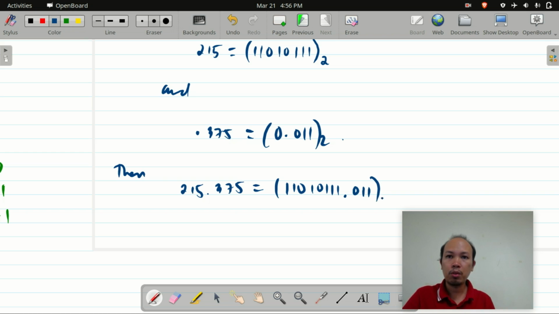But this answer here is not the normalized floating point representation of the number x, so we will write it in this form.